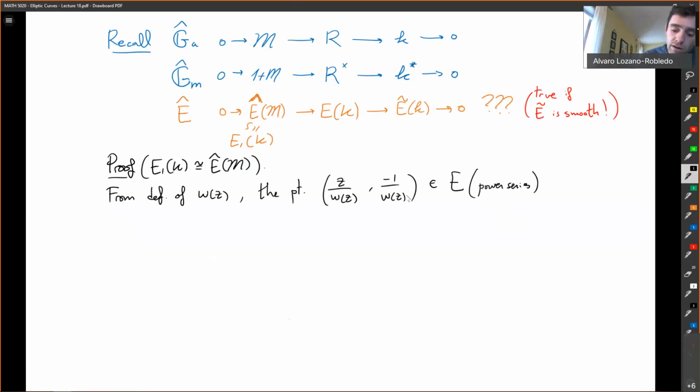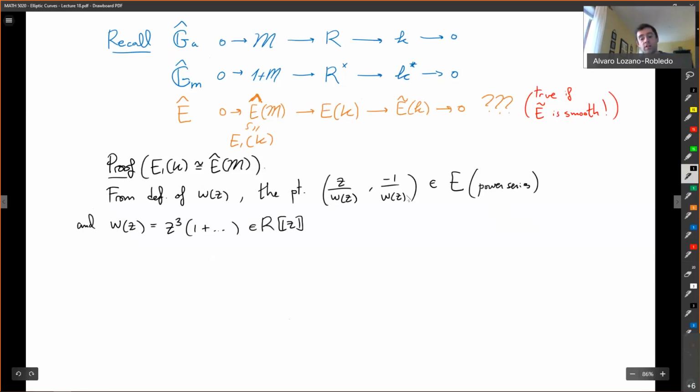So W was something like Z cubed times (1 plus ...). It was a power series in Z, where the coefficients are in R. So it converges for any Z in the maximal ideal.